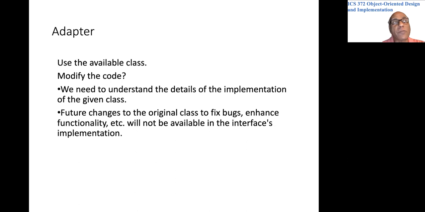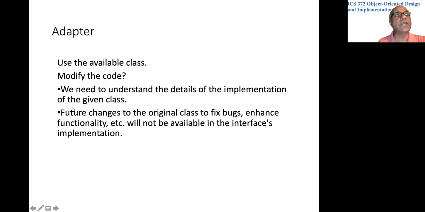And if there are bugs, we will inherit all those bugs. But of course, that is true with the bytecode too. But if Java comes up with a fix to the bugs, we will not get the benefit of that in future versions. So we don't want to copy the source code.